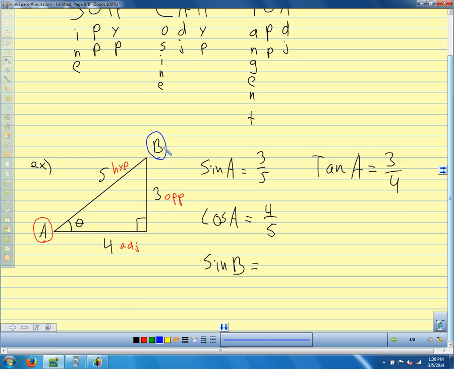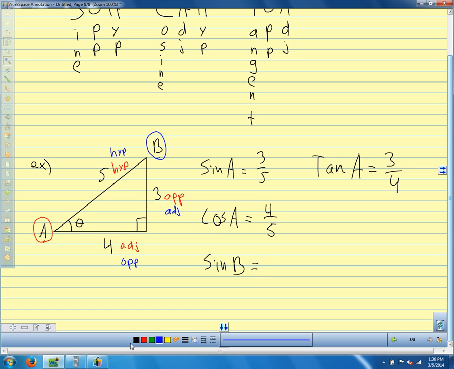So what side is opposite angle B? 4. So this would be the opposite for angle B. What side is the adjacent side for angle B? Adjacent means next to, so this would be adjacent, and the hypotenuse is always the hypotenuse.